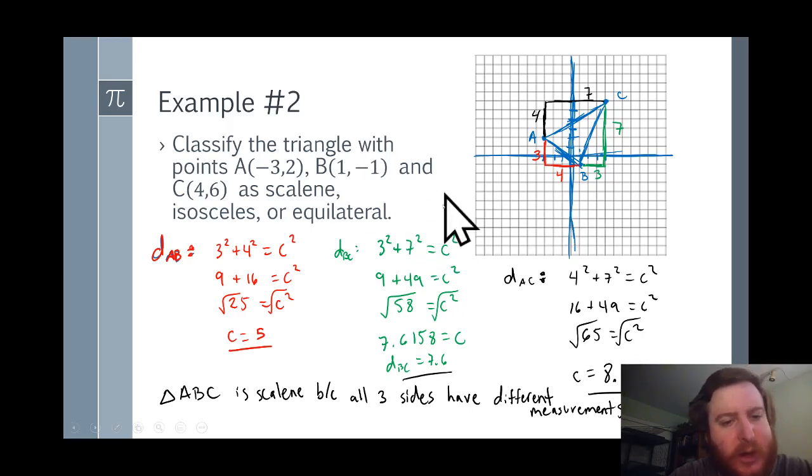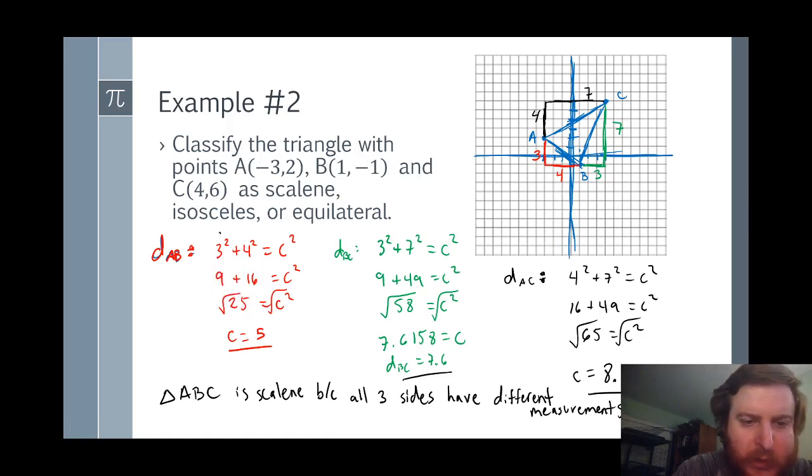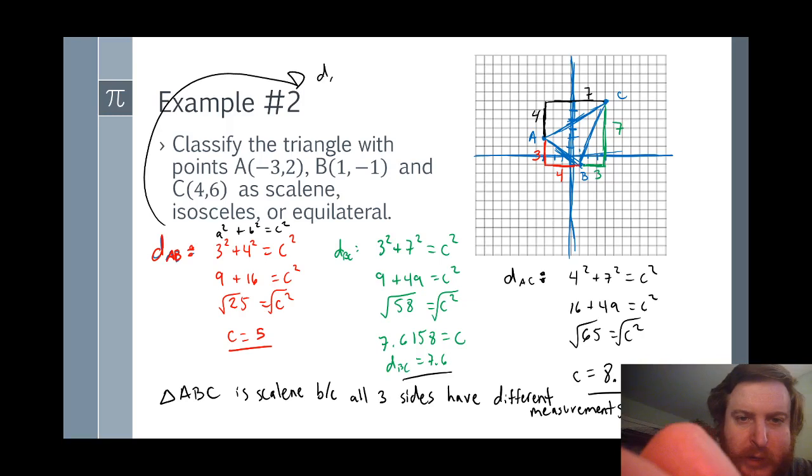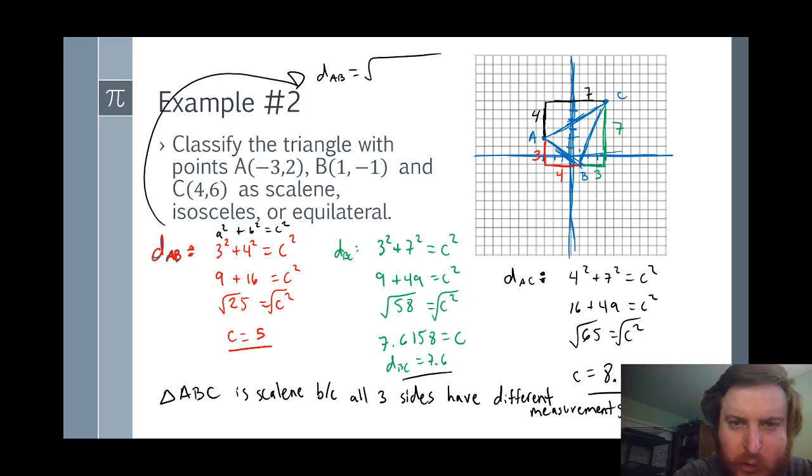When you do get good at these, by the way, I was starting off by literally writing this formula as a squared plus b squared equals c squared. But when you get better at these, what you can do instead is you can literally just say the distance between a and b is equal to the square root of, now I still like to draw the triangle, but you can do 3 squared plus 4 squared.